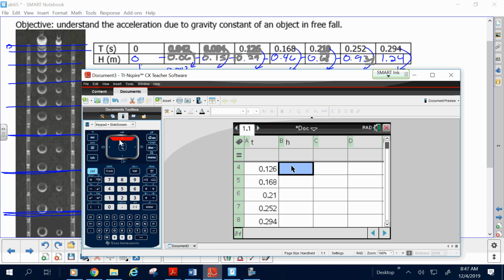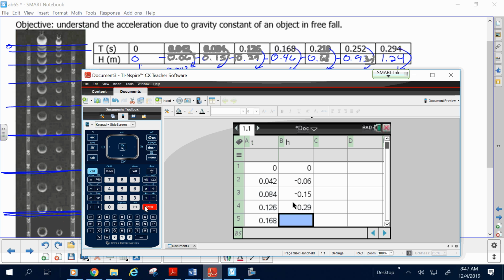Okay, so 0, negative 0.06, negative 0.15, negative 0.29, negative 0.46, negative 0.66, negative 0.93.